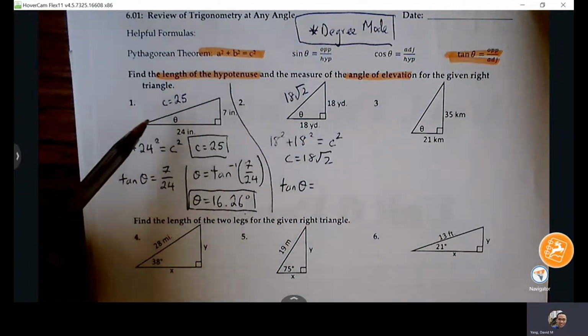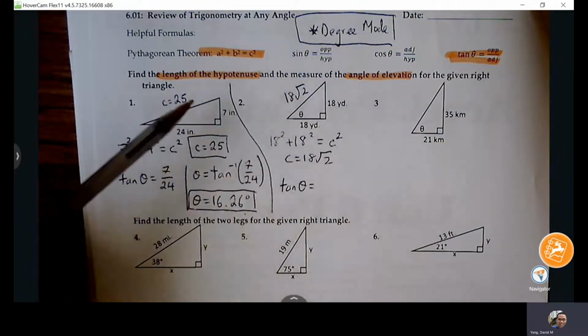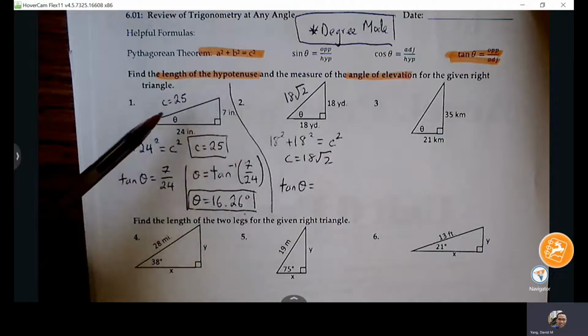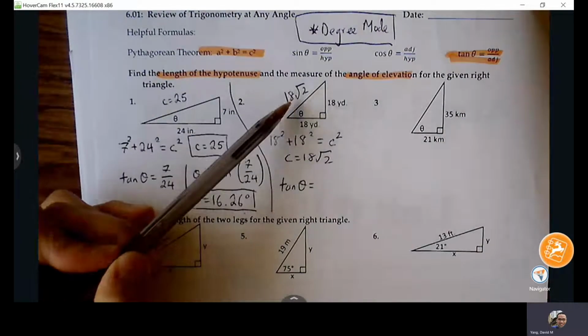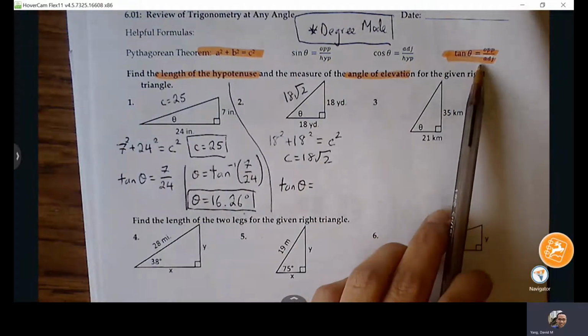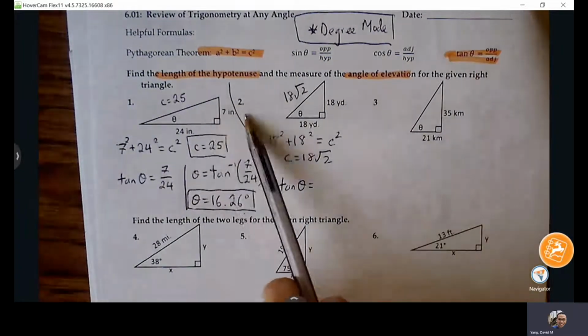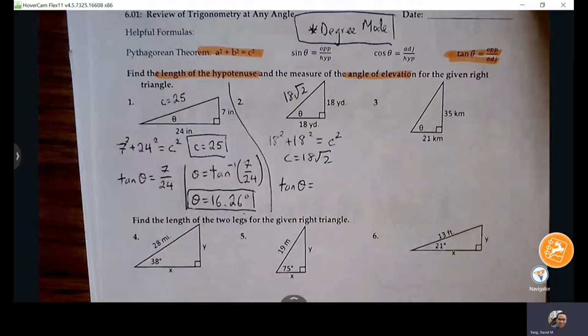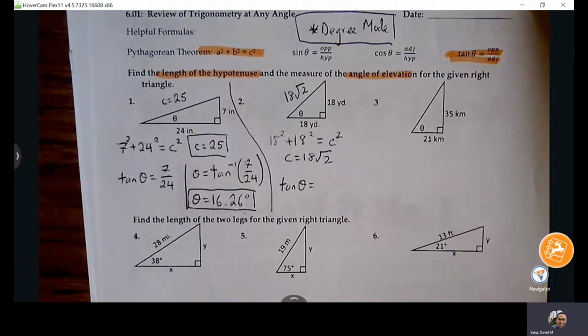Actually, you know what? We could use any of sine, cosine, or tangent because we have all 3 sides. If you want to use sine or cosine, once you find your C value, you can use any of them. So we're not just restricted to tangent. I just said tangent because the givens are the x's, the opposites and adjacents.